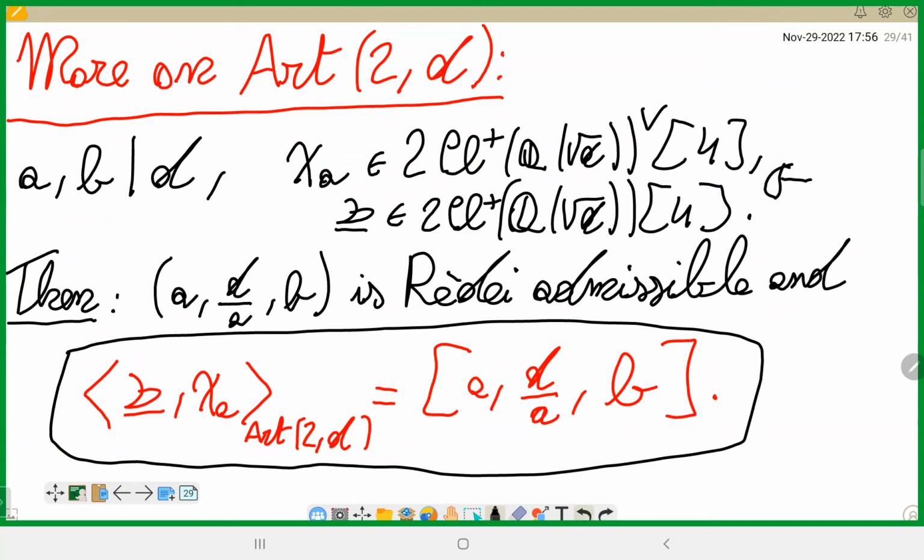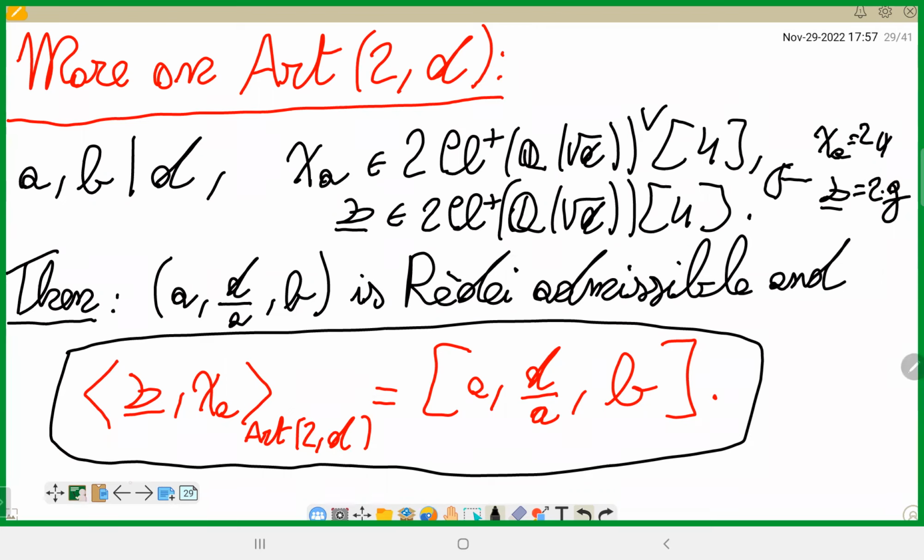two divisors that are divisible by 2, then chi A is equal to 2 times some function psi, and B is the square of an ideal up to principal ideals, in G. Then the conclusion is that the triple is Rayleigh, and the most important thing is that we can compute the pairing between B and chi-A as a Rayleigh symbol.